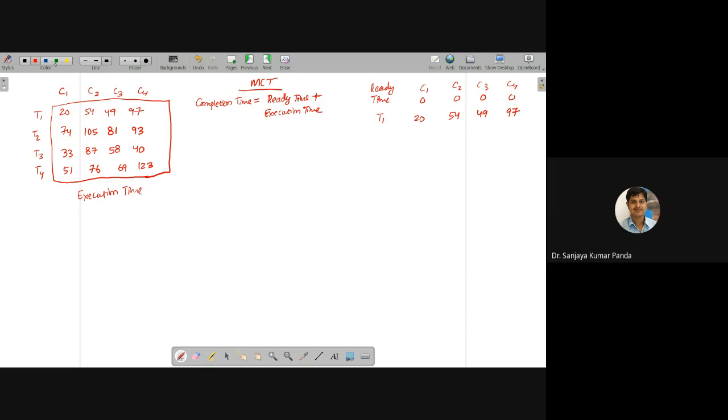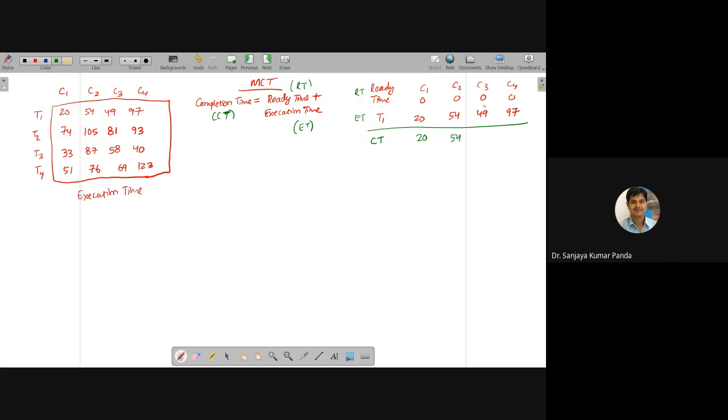Now what you have to do, you have to calculate the completion time. Let me represent it by CT, this one by RT, and this one by ET. Okay. So CT can be calculated as ready time plus execution time. So if you sum these two values, you will get CT. So CT is nothing but 0 plus 20, you will get 20. In C2 case you will get 0 plus 54, that is 54.